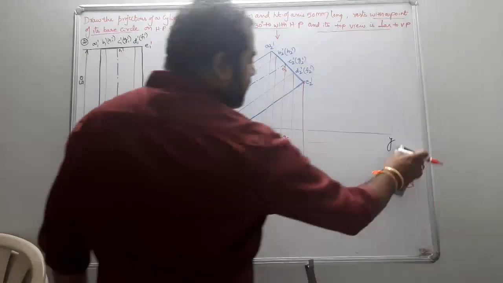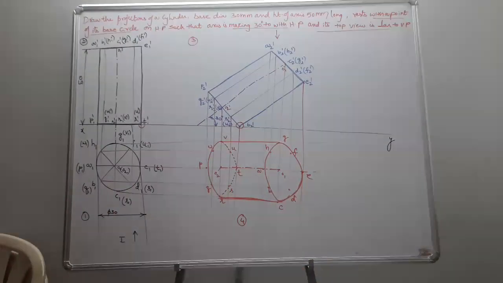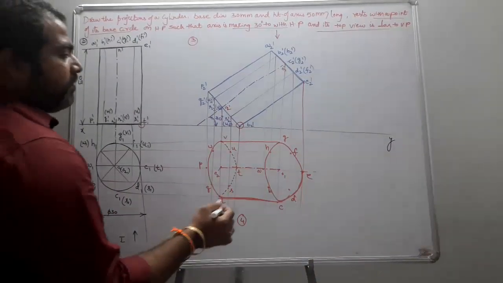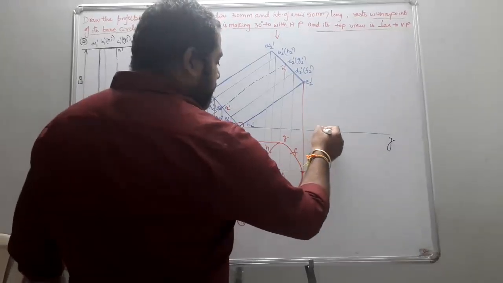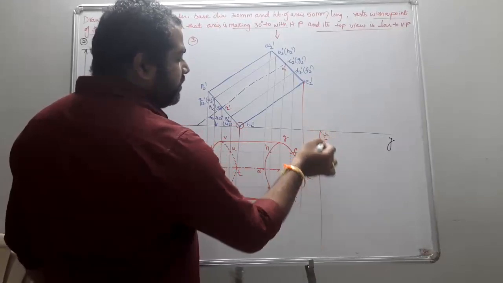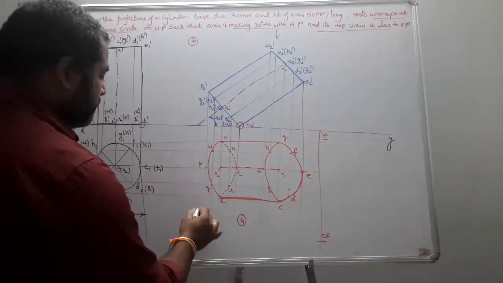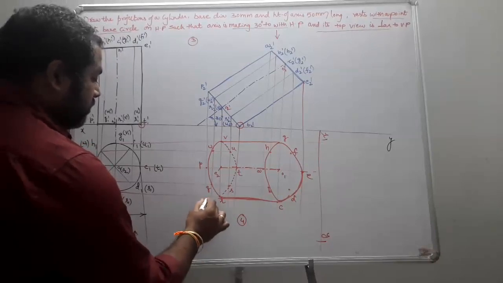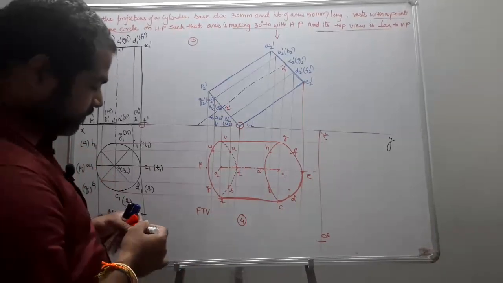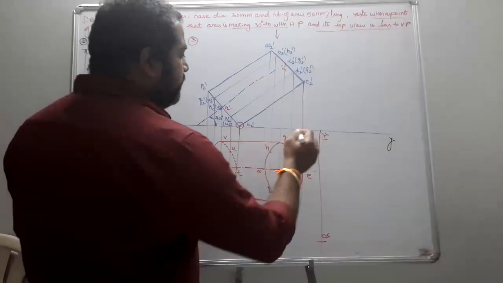For my convenience, I just go for the auxiliary method. So auxiliary method means how it is going to be perpendicular. If I draw the line which is perpendicular to xy, this becomes my x1, y1. So this becomes my final top view in the auxiliary method.